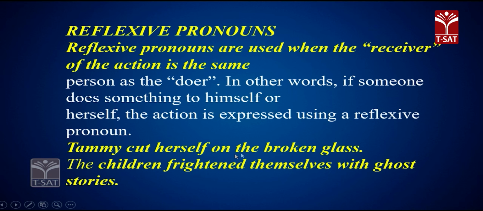Tommy cut herself on the broken glass. The children frightened themselves with ghost stories. So herself refers to Tommy, and the children is exemplified with the help of the reflexive pronoun themselves.